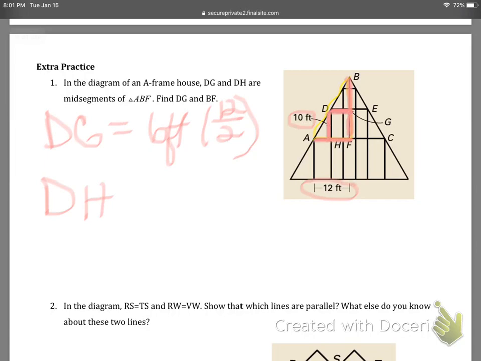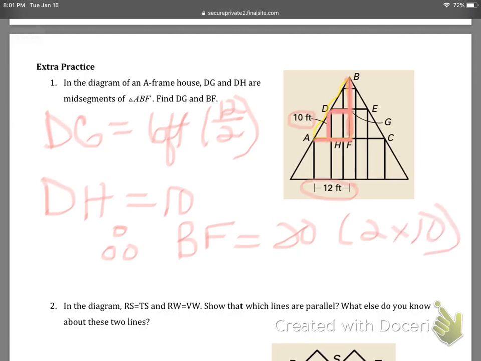Since DH is a mid-segment, it's going to be twice the length of the part of the triangle it is parallel to. If DH is 10, so we know that, therefore, BF equals 20, because that is 2 times 10. And it's 20 feet. Since I'm giving you units, give me back the units. All right, let's go to the next practice problem.